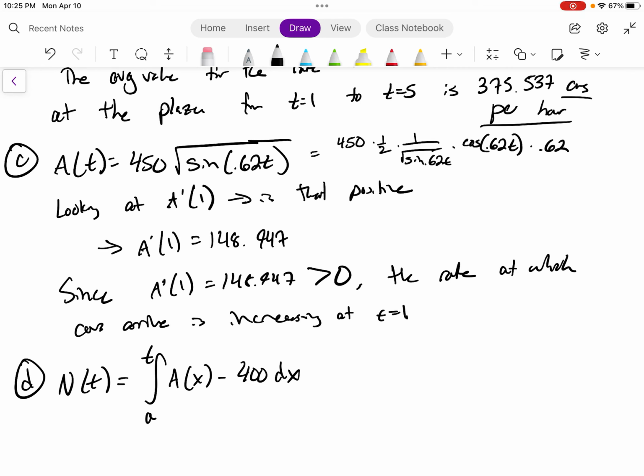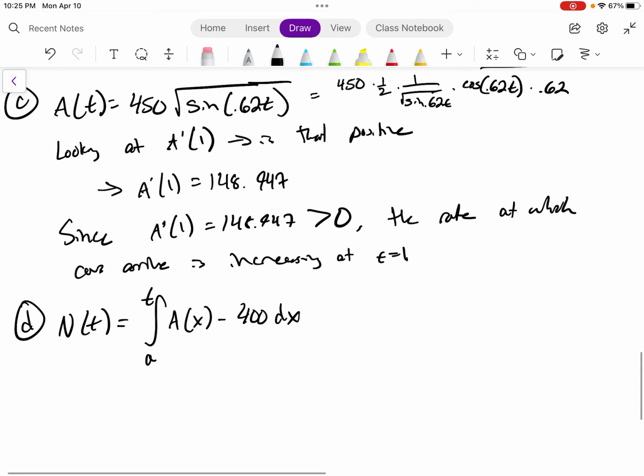To the nearest whole number, find the greatest number of vehicles in line at the toll plaza in the time interval t goes from A up to 4. So why are we bounded above by 4 and not 5? I don't know, but that's fine. We could definitely do that.